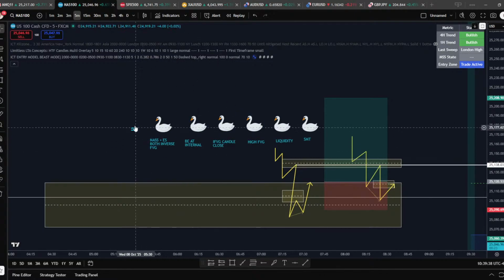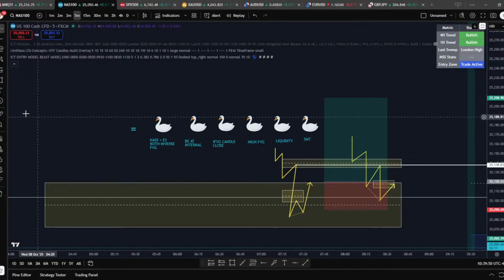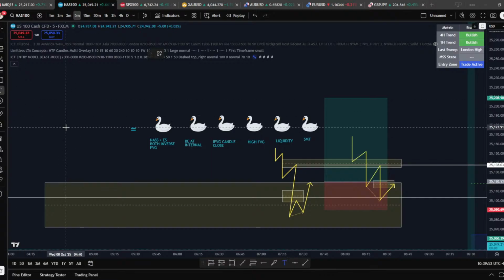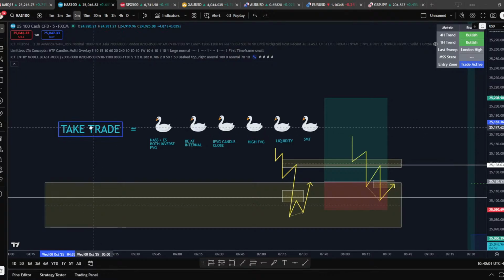Got this the wrong way around. Doesn't matter. Take trade. This is just backwards.